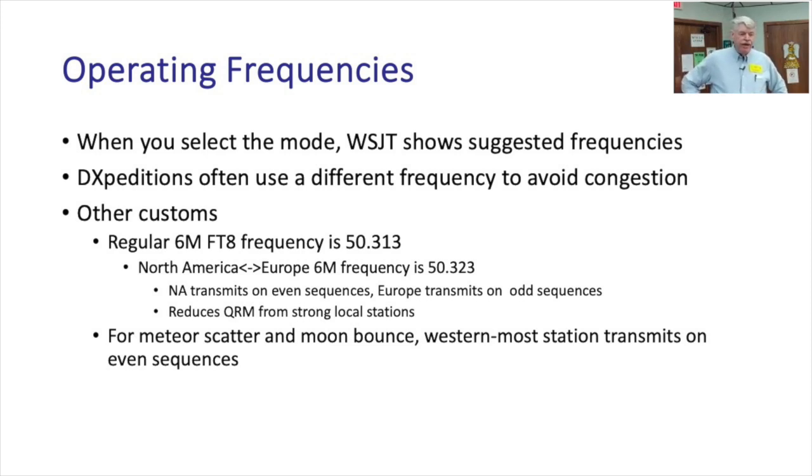One of the big advantages is that if you've got some guy across town who's transmitting when you're trying to copy the weak European, that's going to be a problem. But if all the Americans are transmitting at one time and all the Europeans at another, and we're just trying to contact each other across the pond, you don't have the interference from stations nearby.